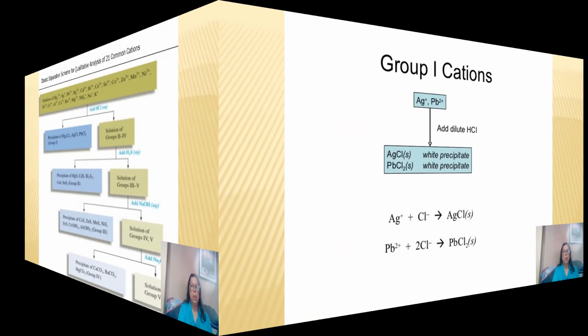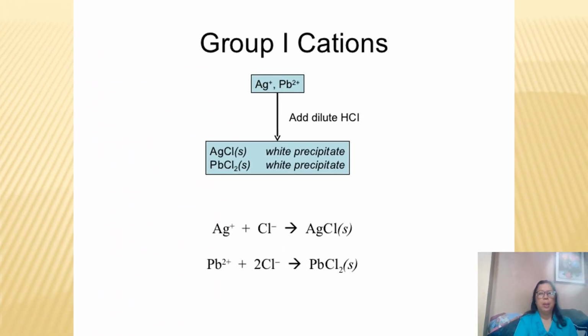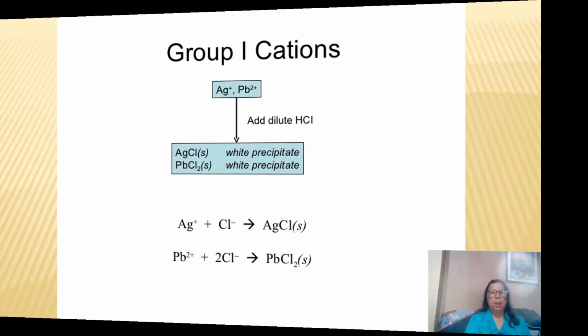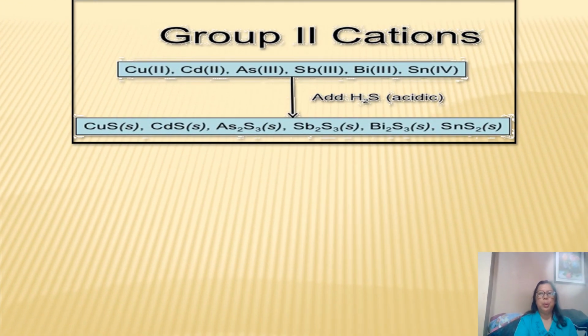So this is by grouping. So for group 1, upon the addition of hydrochloric acid, a white precipitate will form. And then for group 2, upon the addition of hydrogen sulfide, then this will produce different results. It depends upon what element is present.